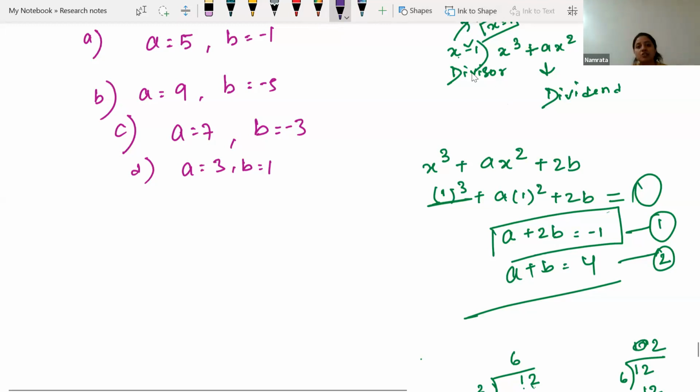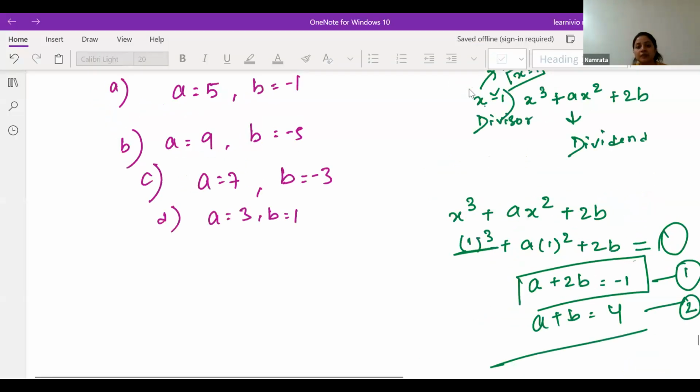Can we apply the elimination method? Yes. Have you learned the process of substitution and elimination method? Aisha? Yes, ma'am. Are you solving it?